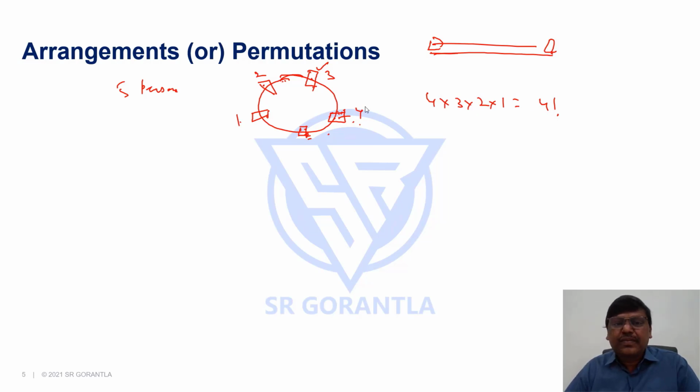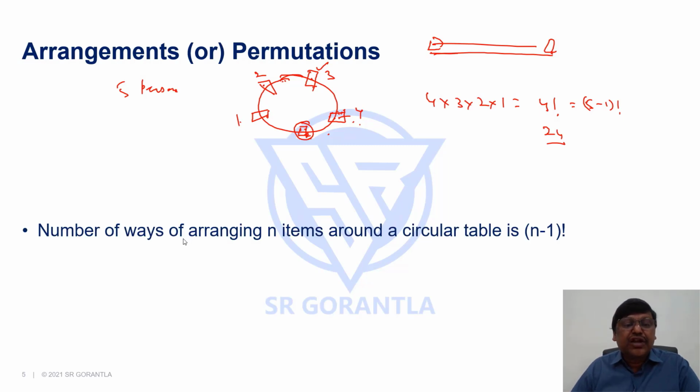In other words, because there are 5 persons, one person you fix first and then arrange the others. We say it is (5 minus 1) factorial, or in other words 4 factorial, which is 24. So what we can conclude out of this is, the number of ways of arranging n items around a circular table is (n minus 1) factorial.